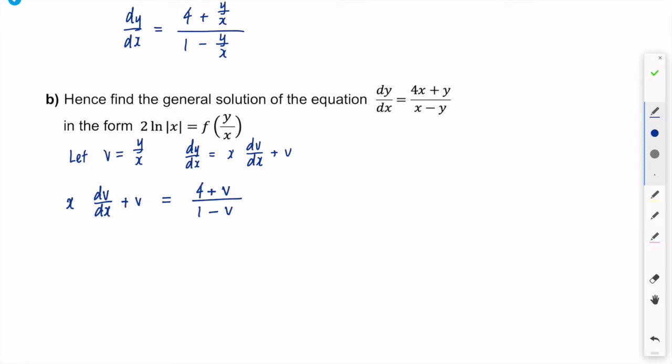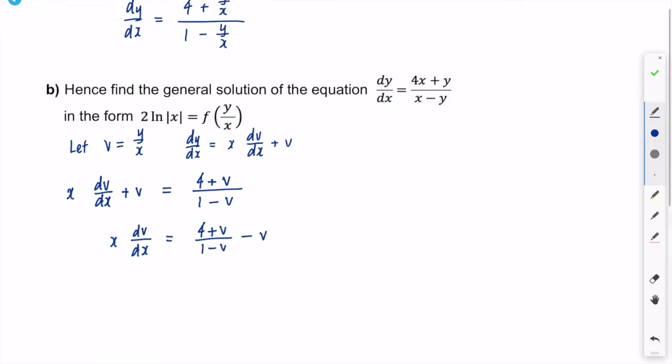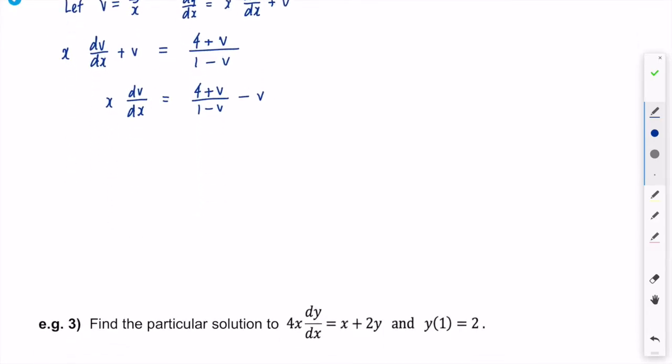Good. Let's simplify this slightly. I have x dv over dx equals 4 plus v over 1 minus v, minus v. I'm going to write it as a single rational expression. 4 plus v, common denominator is 1 minus v, so minus v plus v squared over 1 minus v here. Okay, keep going.